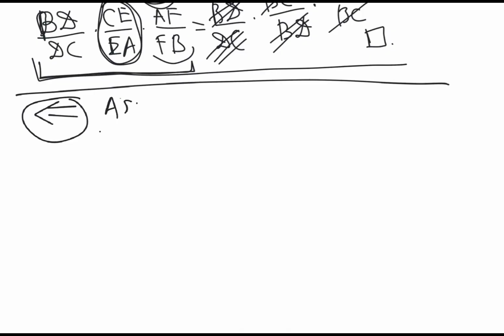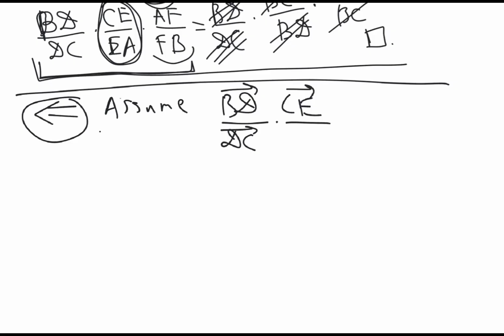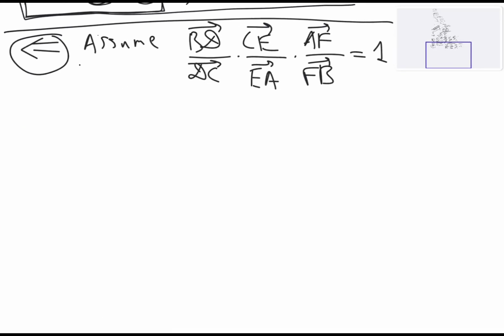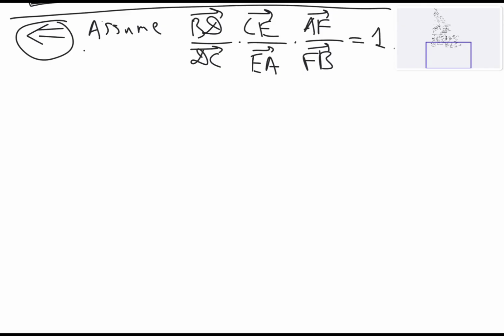So we assume that BD over DC, CE over EA, AF over FB is equal to 1, and we need to prove that the lines are either intersecting at a single point or parallel to each other.